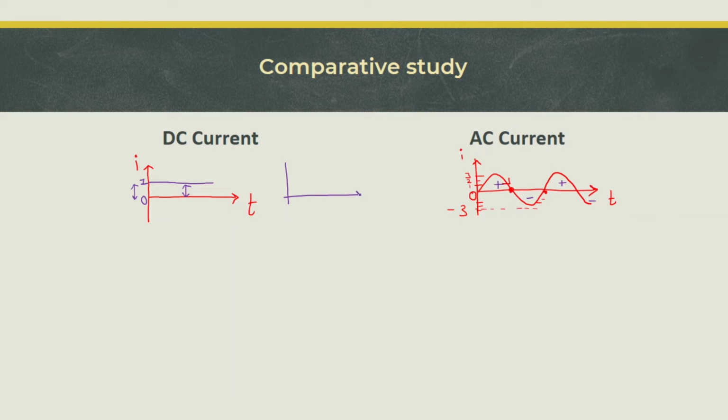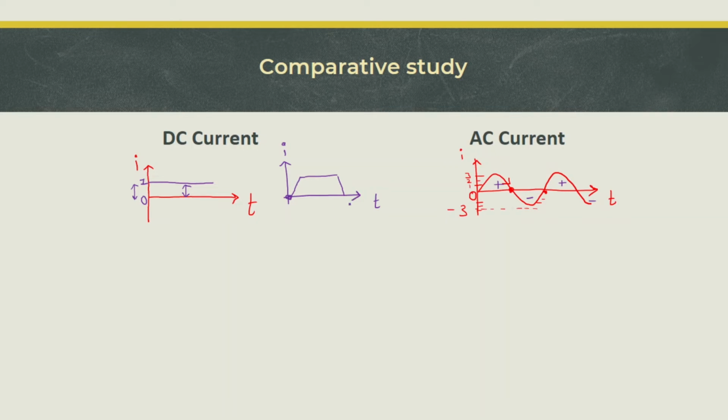A real time diagram for this might look like this also. If we are turning on the DC supply, let us say a battery or switch which is connected now, then in this case the value of the current will increase from 0 to some finite value, and then it will remain constant till the time the device is on, and when you turn off the device this value will again fall to 0.